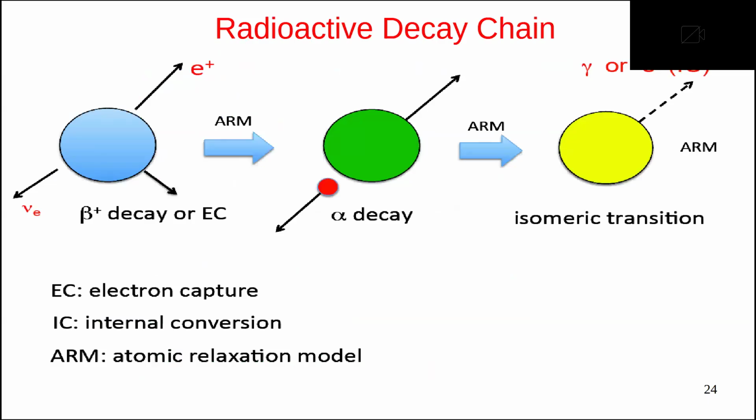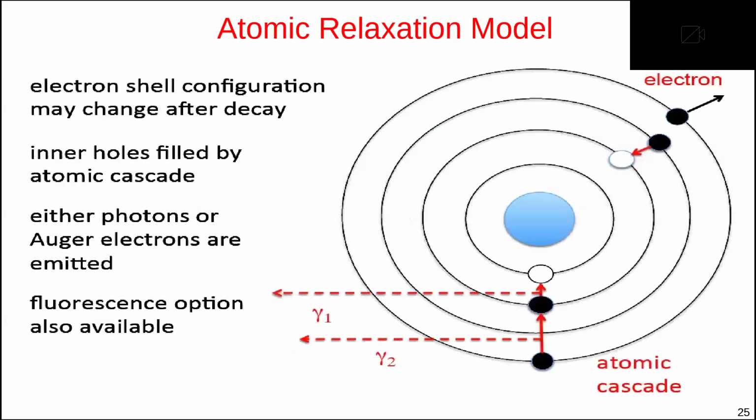What is happening is, in most cases, you don't get one radioactive decay. You have one, then you come up in a situation, not yet stable, then there will be another emission and so on. You typically have a sequence of radioactive decays. And following this radioactive decay, you excite and perturb also the electronic shells, the atomic electrons.